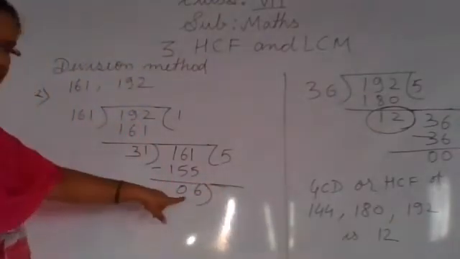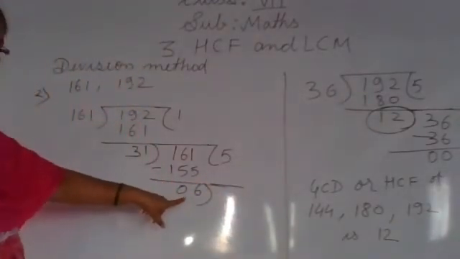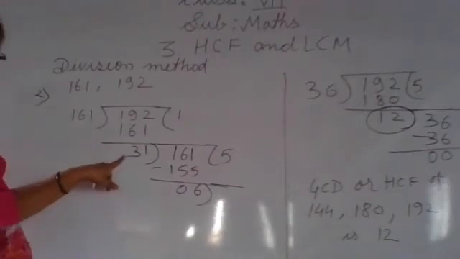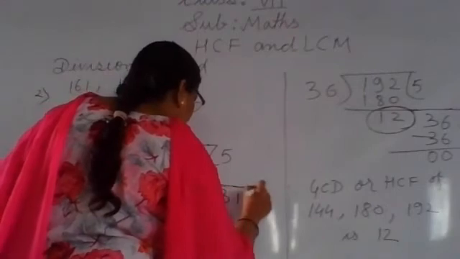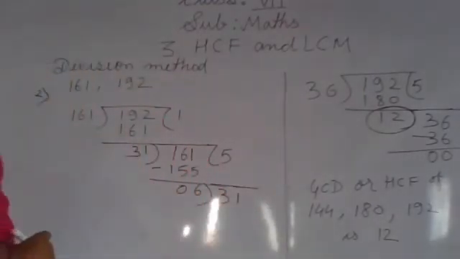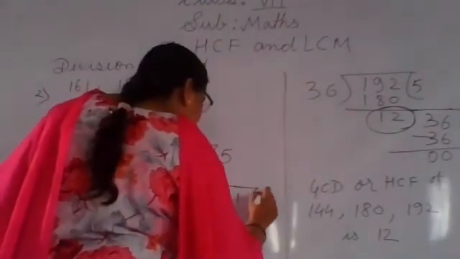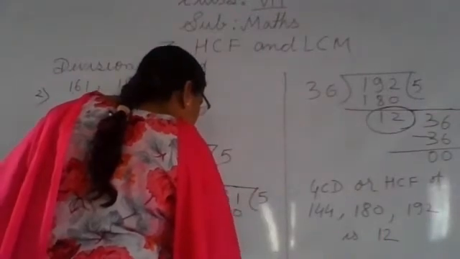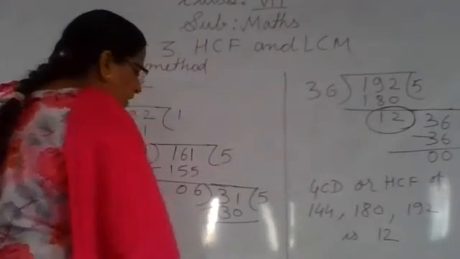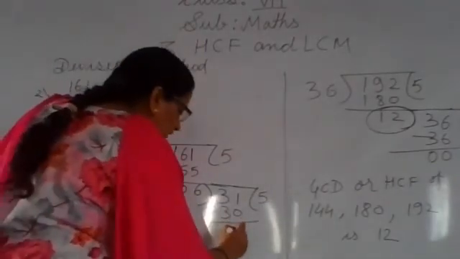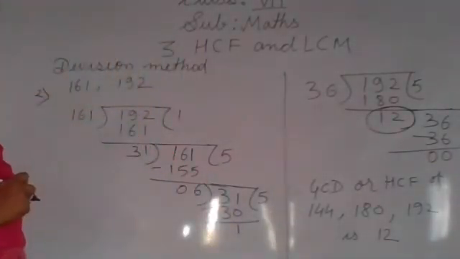Now again, this remainder becomes divisor and this first divisor becomes dividend. 31. 6 fives are 30. And 31 minus 30. Now see beta here, the remainder is 1.